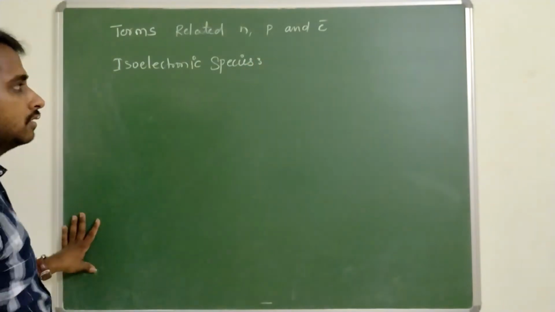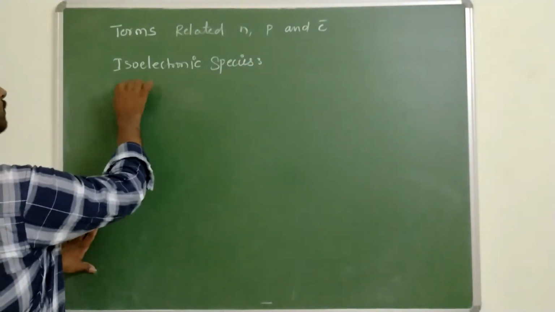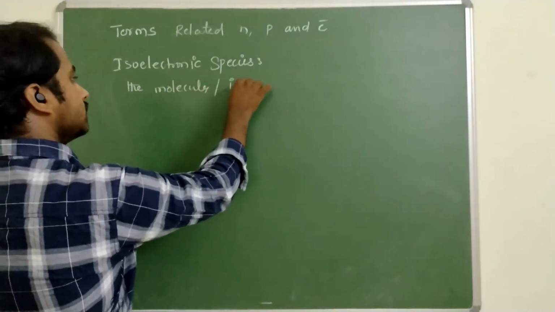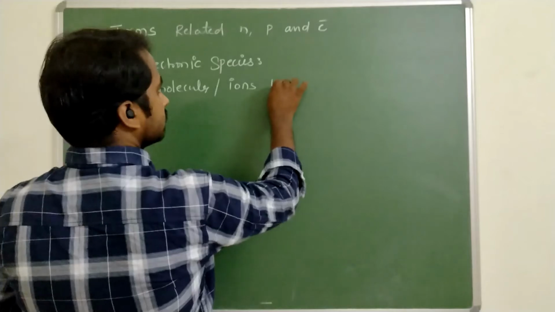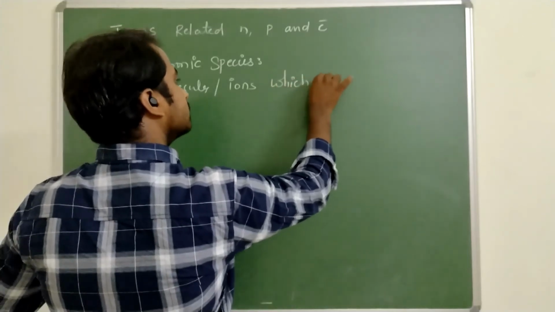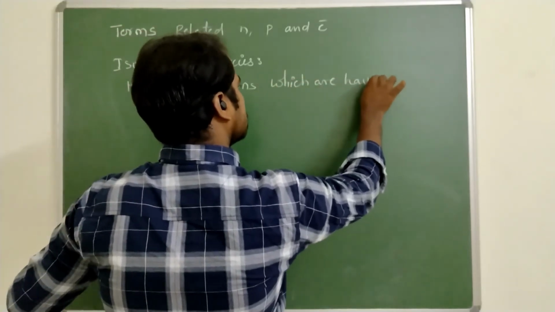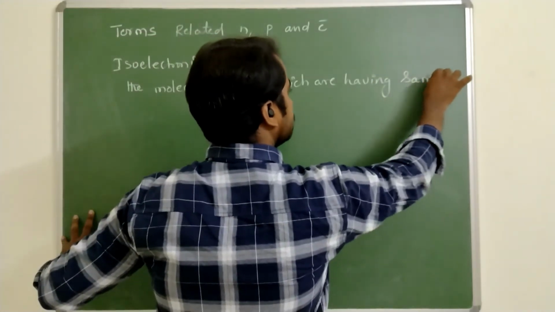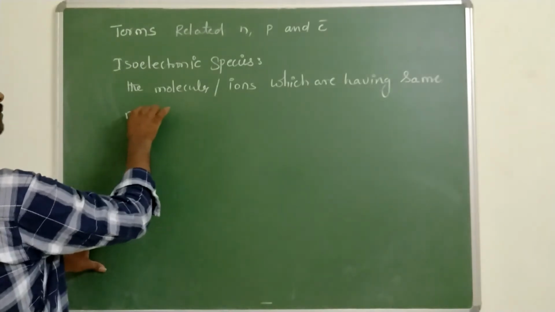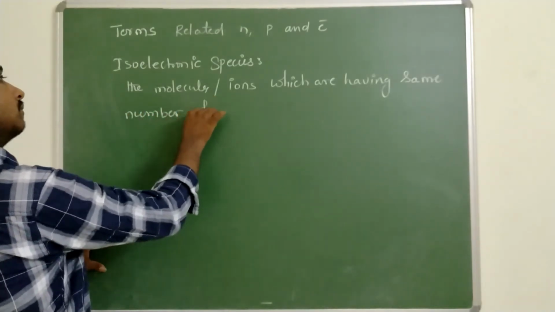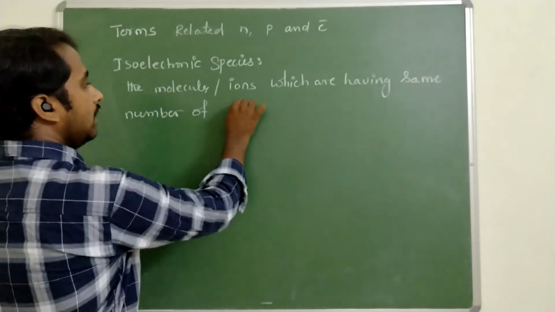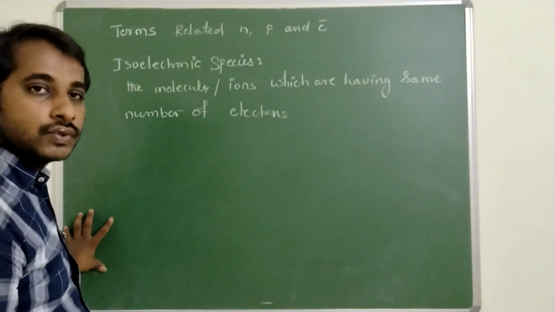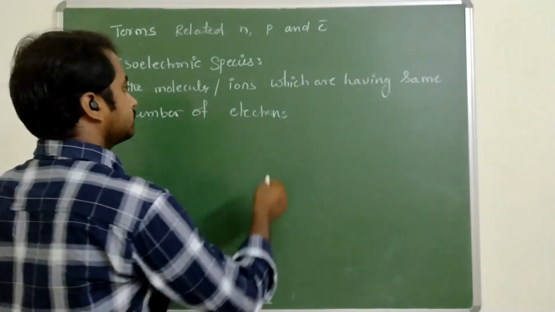Isoelectronic species: here, the molecules or ions which have the same number of electrons are isoelectronic to each other.